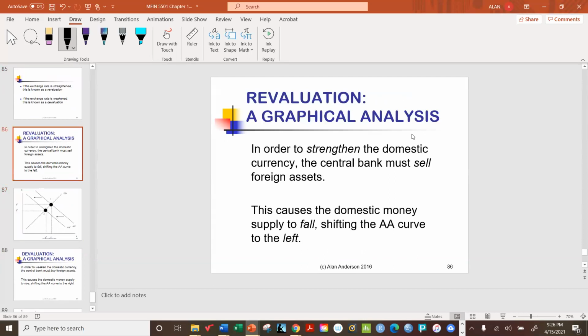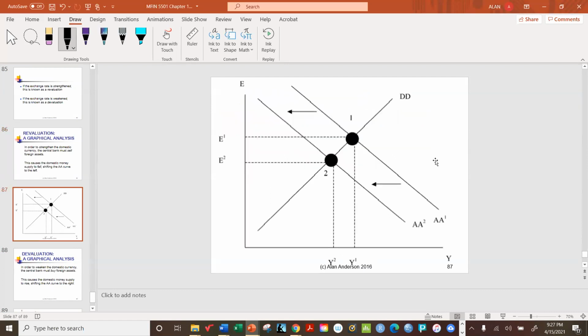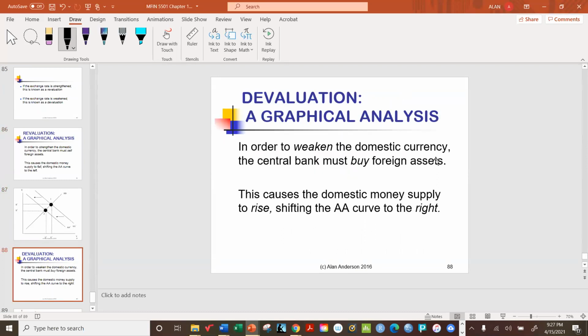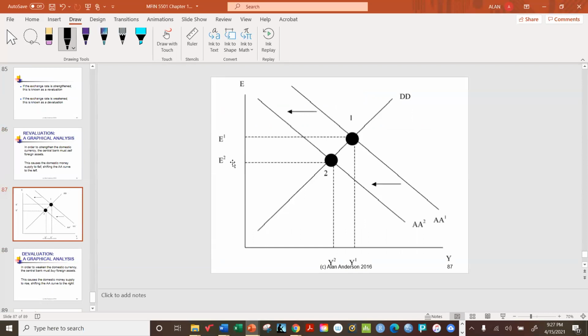And then a revaluation can be shown by these graphs. If the government or the central bank wants to strengthen their currency by increasing the fixed exchange rate to a stronger level, one way they can do that is to sell foreign assets, lowering the money supply, shifting the AA curve to the left. And now we are committing ourselves to keep it at this new stronger level, E2.